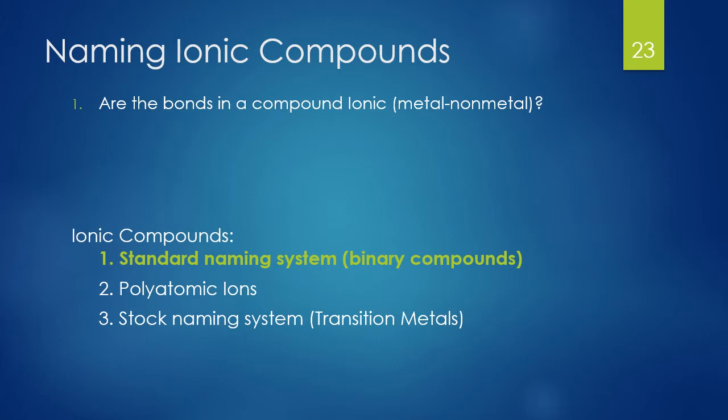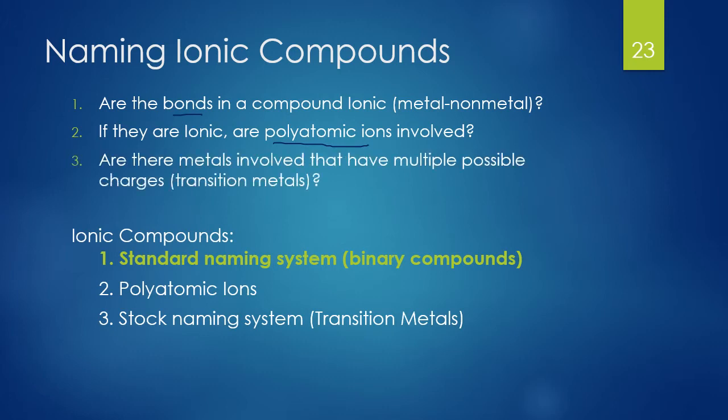So how do you name ionic compounds? Well, of course you have to start by figuring out if the bonds are ionic or not. And we just looked at how to do that. If they are ionic, we need to see, are there polyatomic ions involved? We also need to ask ourselves, do the metals involved have multiple charges? Meaning, are transition metals involved?